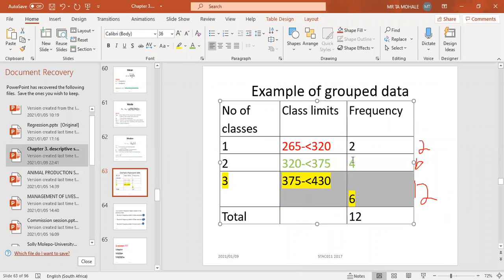So when you average those values between 6 and 6, you divide by 2, you get 375. So that is just something that will guide you to say why we get 375, whereas 375 is found in both classes, the second and the third. In the second, it is the upper class limit. In the third, it is the lower class limit. It's because of the sample size here, which is 12.